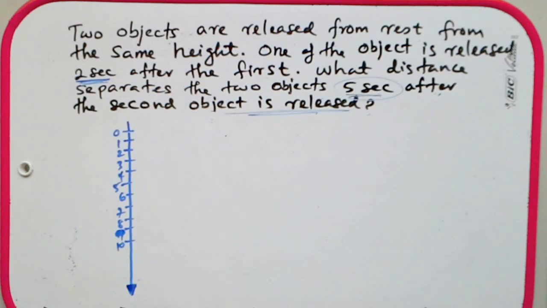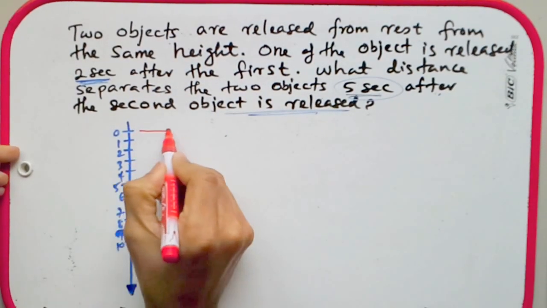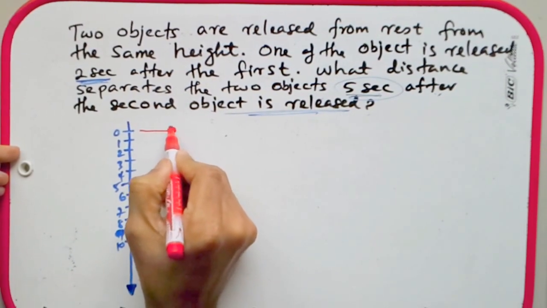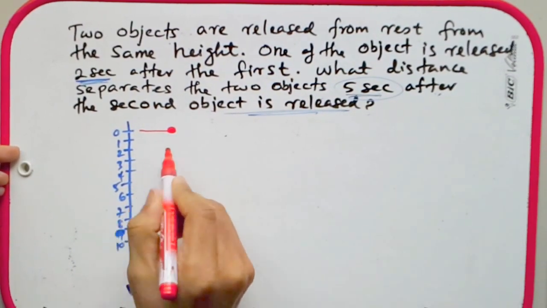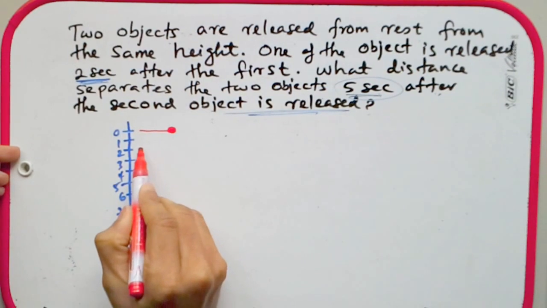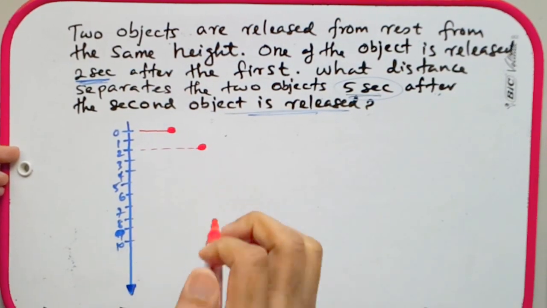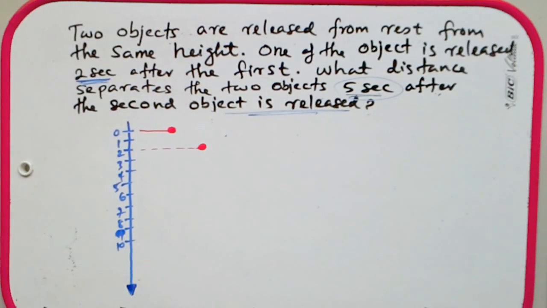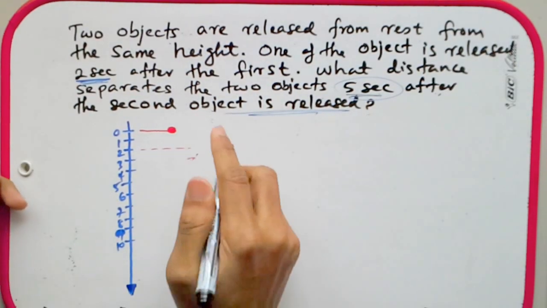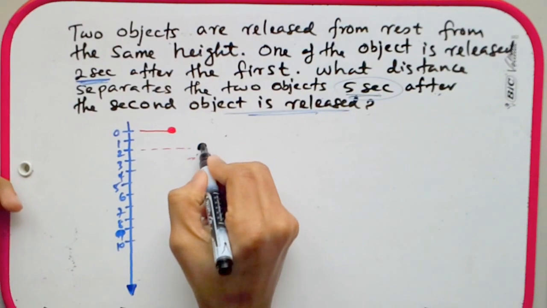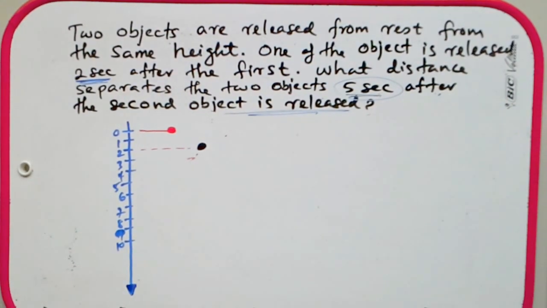Okay, so here is my red pen. This is the first object you released. And you release the second object after 2 seconds. So I will use a different color for the second object. So yeah, this is our second object. You release it after 2 seconds.